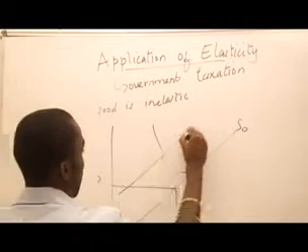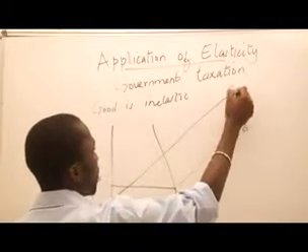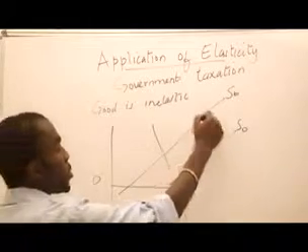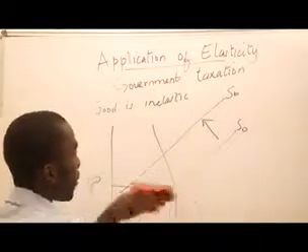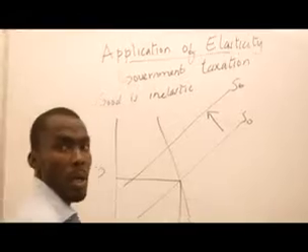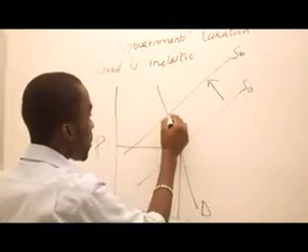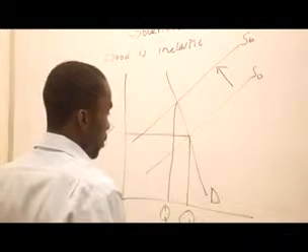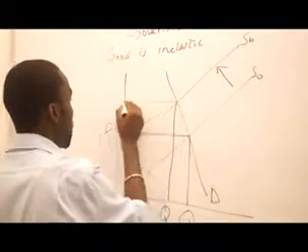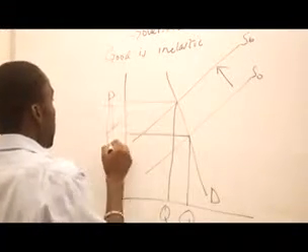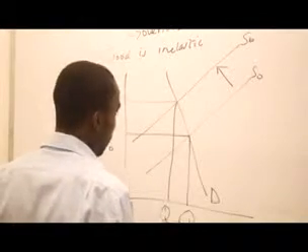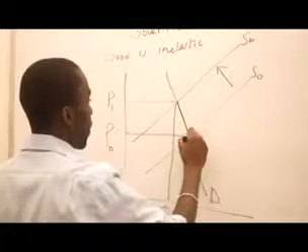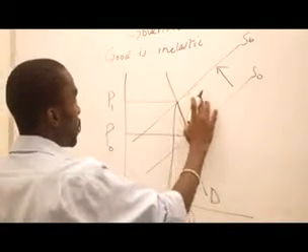A tax will initially go to the suppliers, which will shift their supply curve to the left. This will decrease the quantity and then increase the price level. So this is the tax that government is imposing.